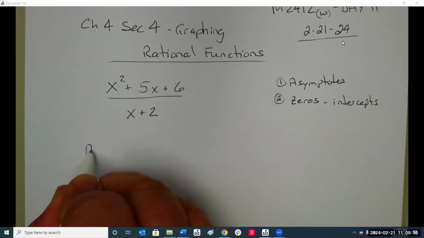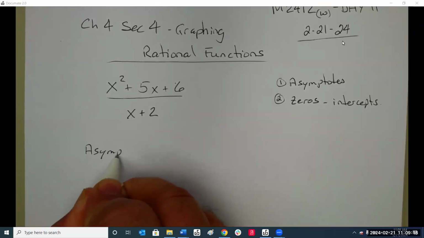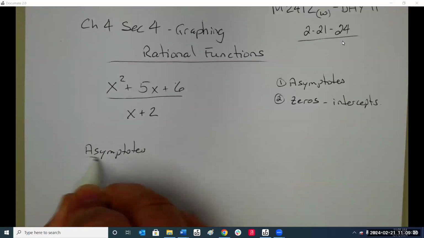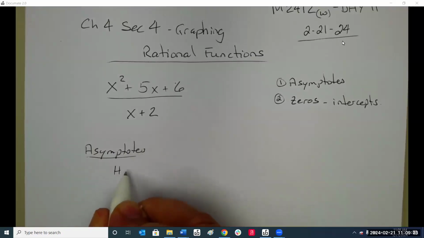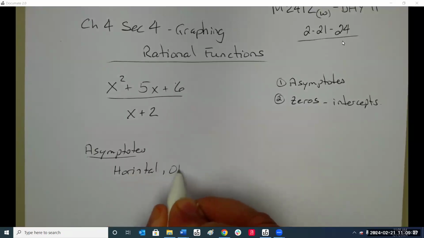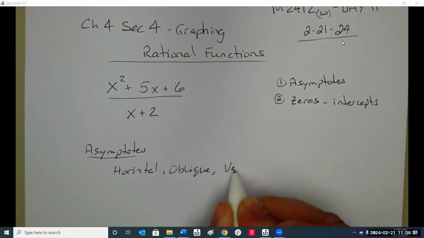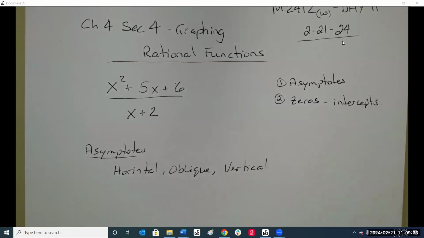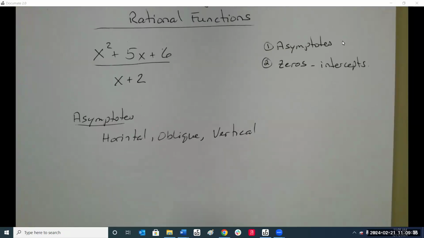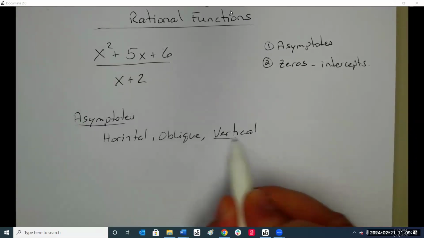With the asymptotes, do we have any horizontal, oblique, vertical? How do you find the vertical asymptotes?